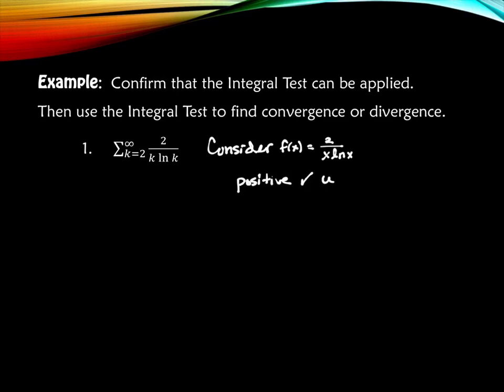That checks out when x is greater than or equal to 1. And I'll actually write down that our k is in fact greater than or equal to 2. Starts at 2 and goes up. So that one works.